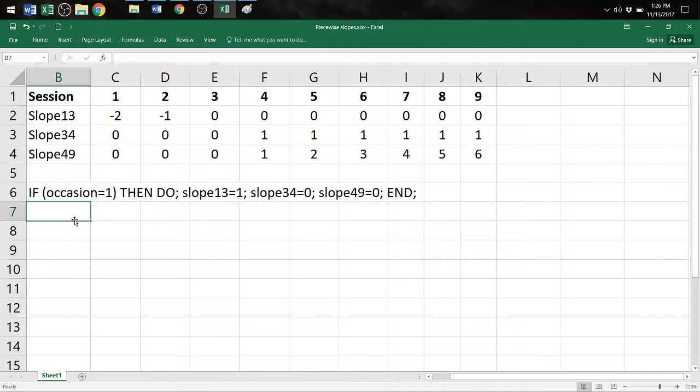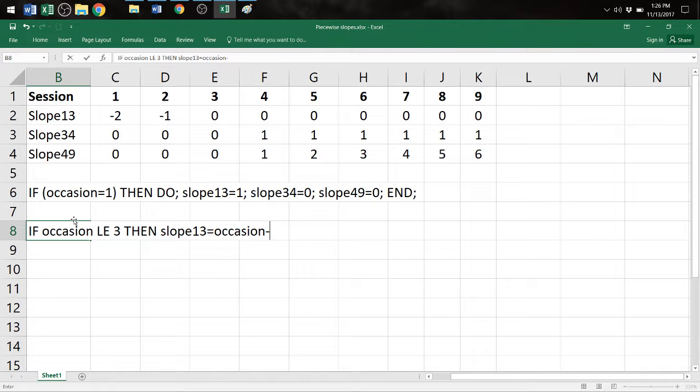Instead, what you could do is say something like this. If occasion is less than or equal to 3, which is our not point here, our intercept, our break point as well as our intercept, then slope 1,3 equals some function of time, right?